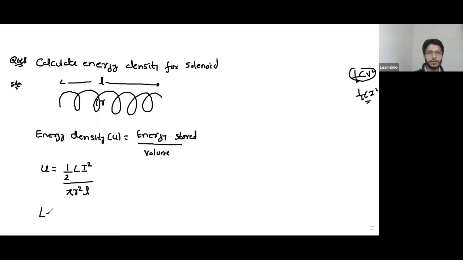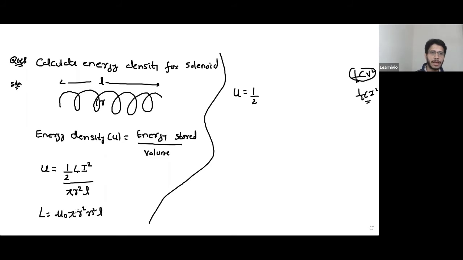For solenoid, we know that L is mu naught pi r square n square L. So I can substitute its value here. The expression of your energy density comes out to be 1 by 2, instead of this L, I'm writing this term: mu naught pi r square n square L multiplied by I square divided by pi r square.